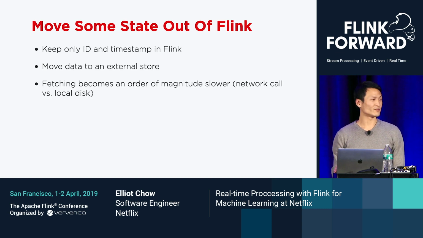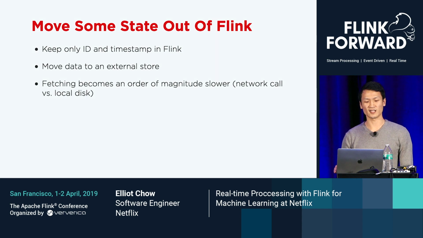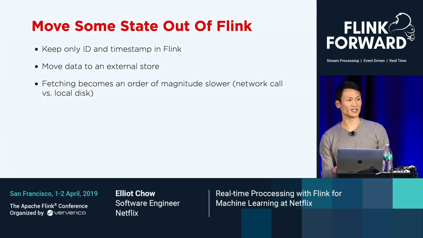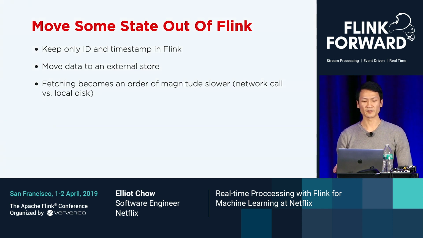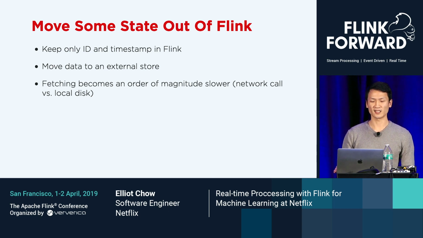So what we've done is move most of this data out of the Flink state and only keep the ID and timestamp for the join. The data is now stored in an external store and is only read when we actually do the final output of the data back into Kafka. Of course, fetching this data is now a network call, so it's much slower. But in our particular use case, we have much less data to checkpoint, and it was a reasonable trade-off for us.